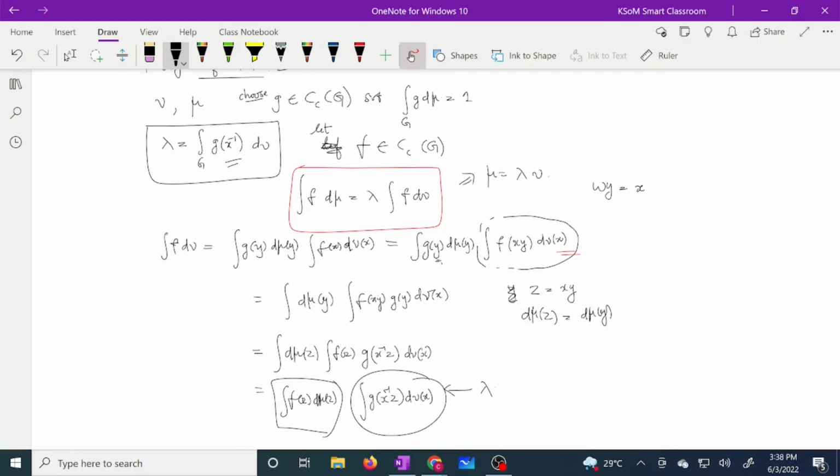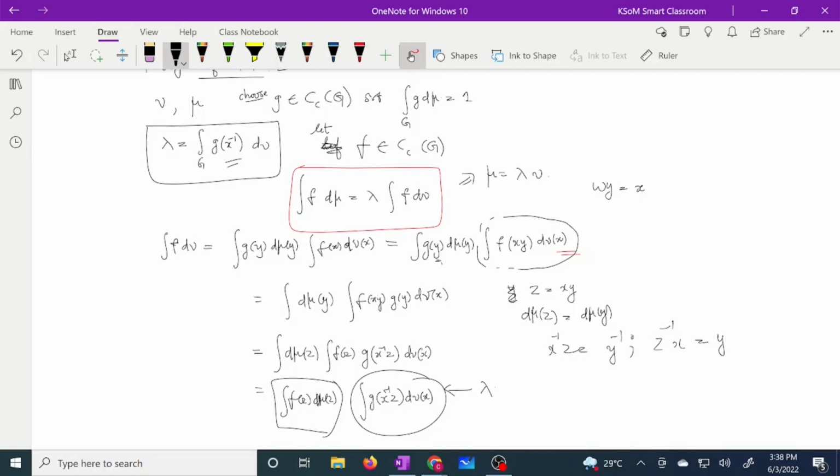Let's see if x inverse z is equal to y, or I want it to be y inverse. Suppose this happens, then I think it will work. z inverse x is equal to y. I am just taking inverse on both sides.